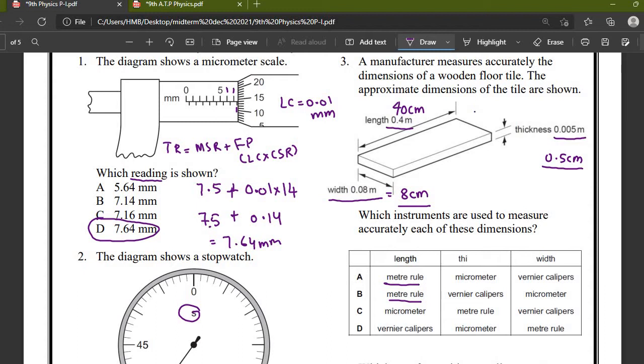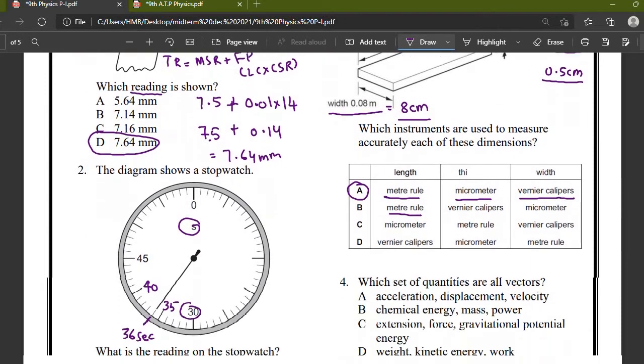Thickness can be measured with the help of a micrometer screw gauge, while the width, that is 8 centimeter, can be measured with the help of a vernier caliper. So option A will be the right answer of this question.